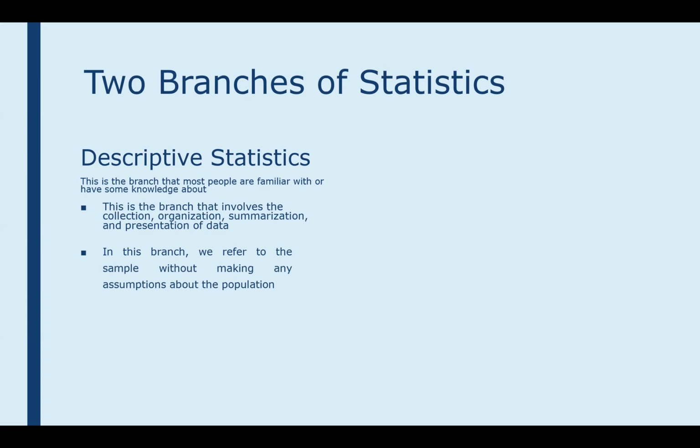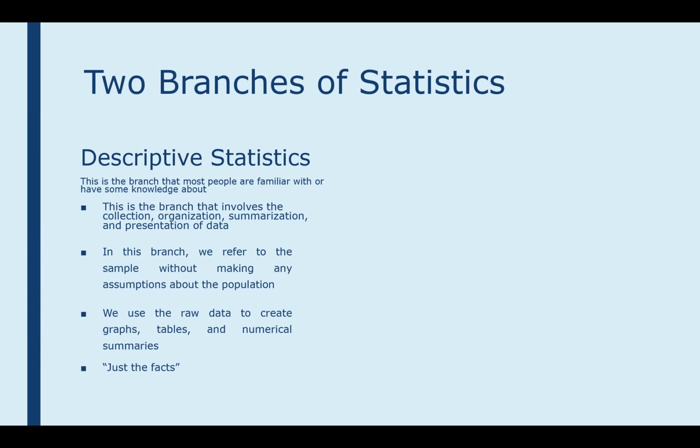And we are making no assumptions about the population. We're not making any assumptions about anything. We're just collecting the information within the realm of descriptive statistics. The easiest way to think about descriptive statistics is that all you want is just the facts.